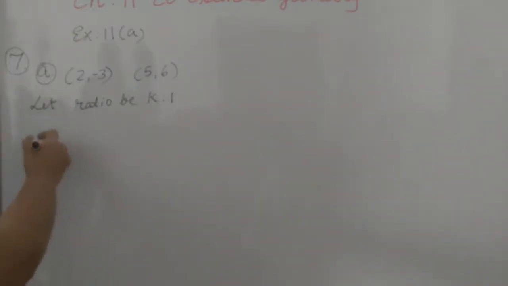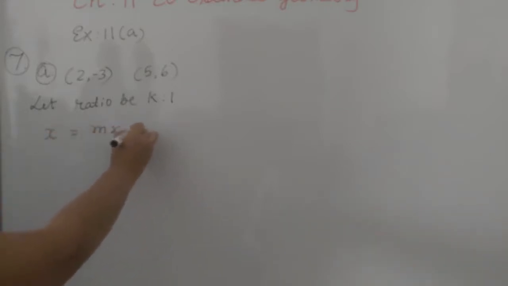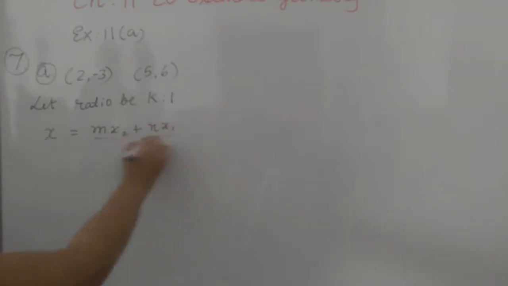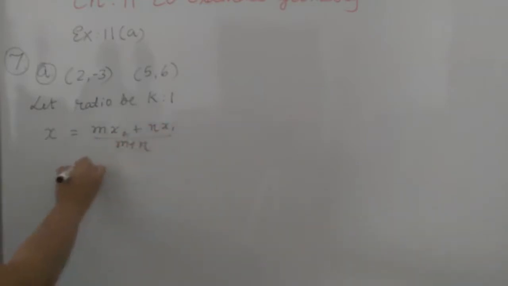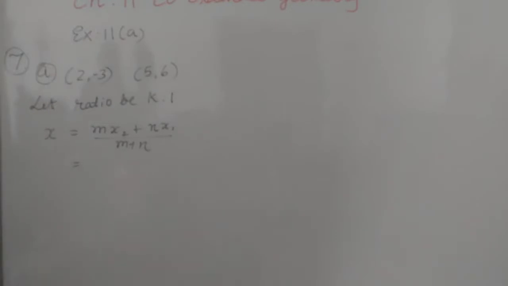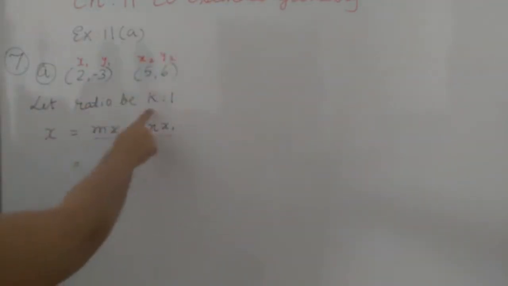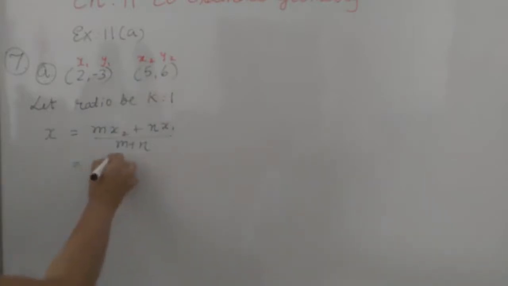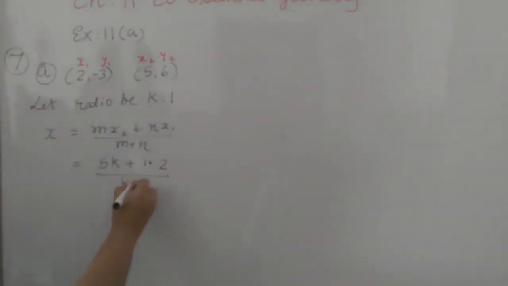Now here we take our section formula. X is equal to (mx2 + nx1)/(m + n). Here x1, y1 and x2, y2. What is the x2 value? 5, and m means k. So we write 5k plus n is 1, and x1 is 2, over m plus n, k plus 1.